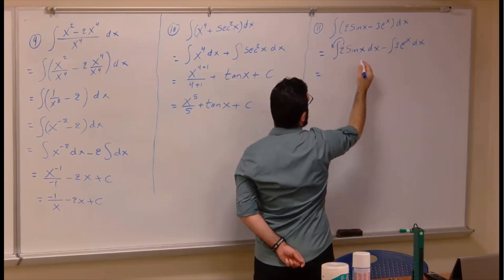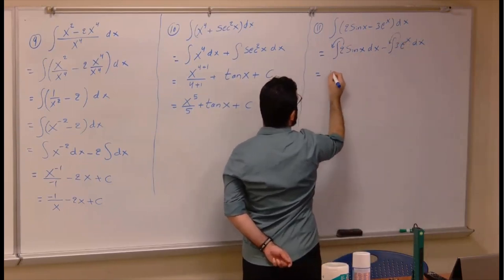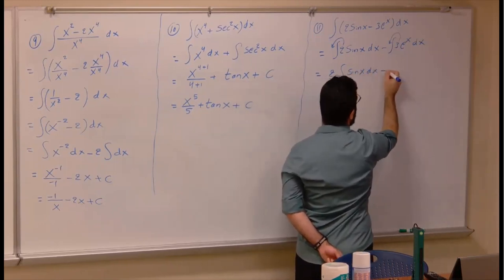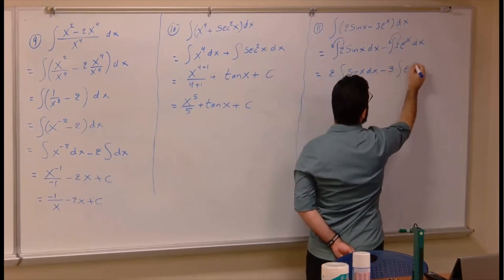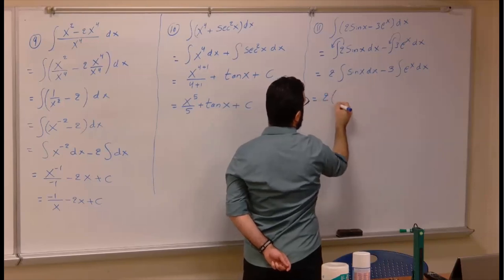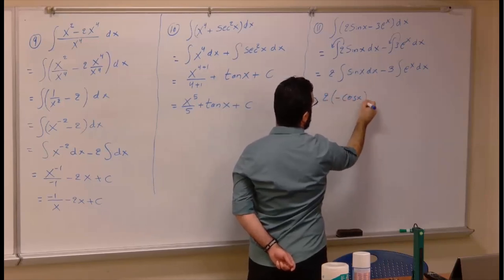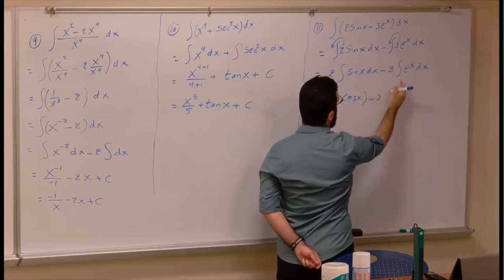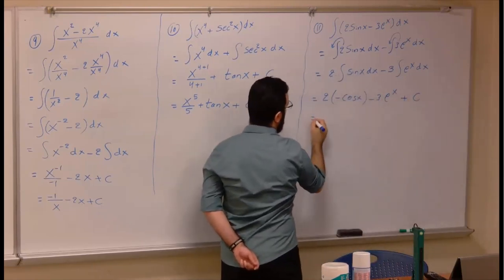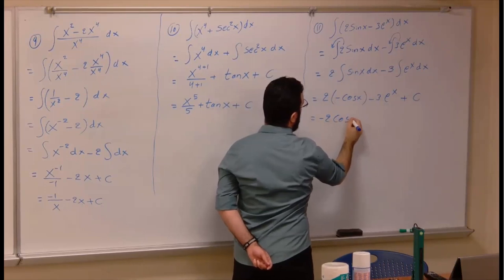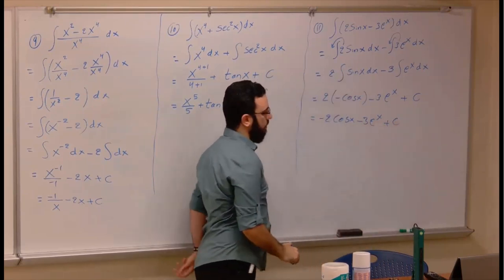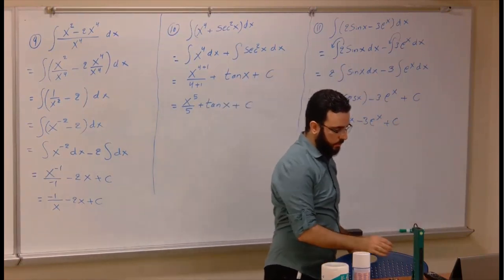Take the 2 outside the integral, and the 3 outside, which will give you 2 integral sine x dx minus 3 integral e to the x dx. Then the integral of sine is negative cosine x, minus 3 times the integral of e to the x, which is e to the x, and you have to add the c. That's going to be negative 2 cosine x minus 3e to the x plus c. That's it for this example.